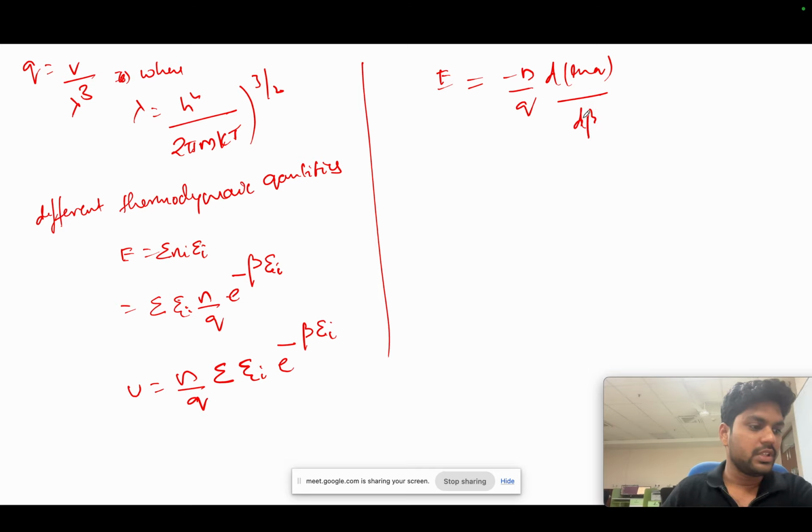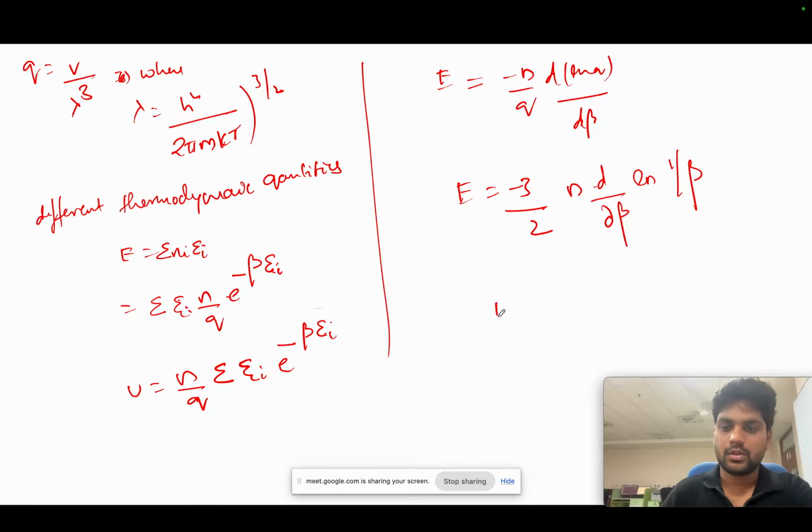Now if I substitute the value of ln q, then E will become minus 3 by 2 n d by d beta of ln of 1 by beta. Now ln of 1 by beta differentiates to 1 by beta square. So things cancel, and the minus minus gets cancelled. So E equals 3 by 2 nkT.